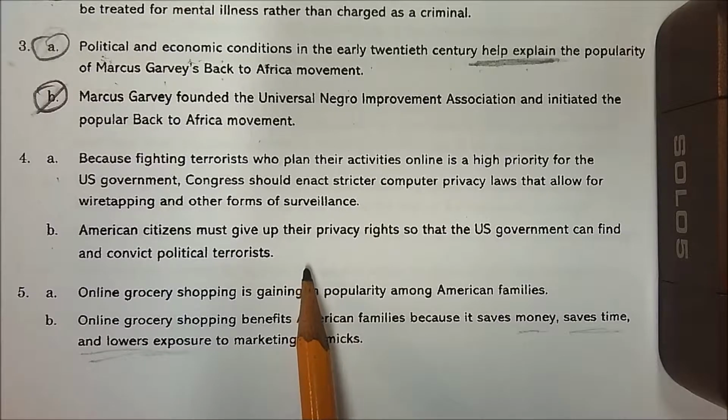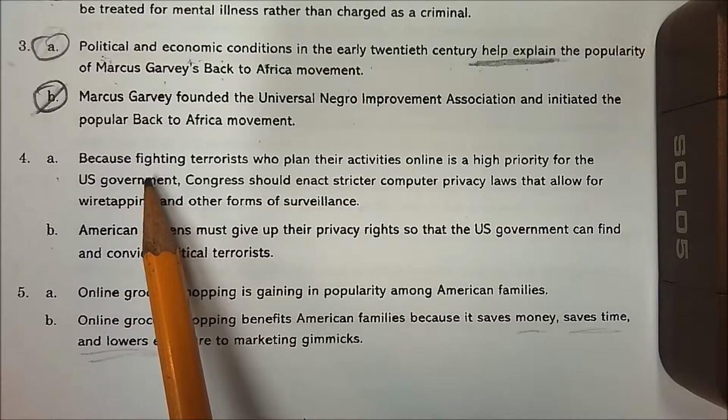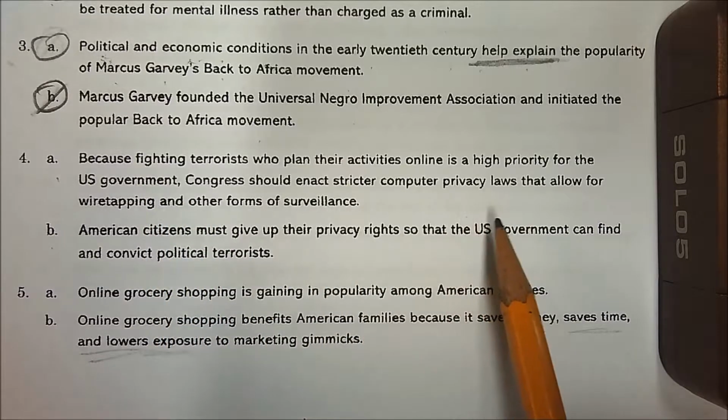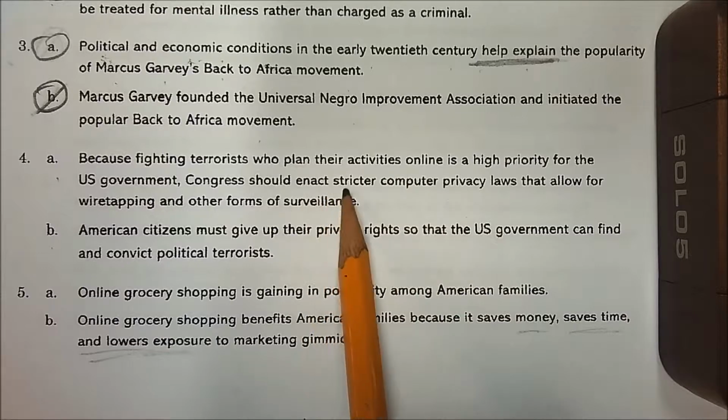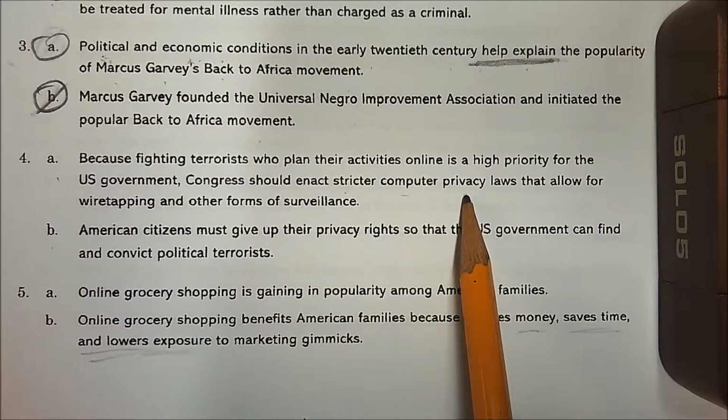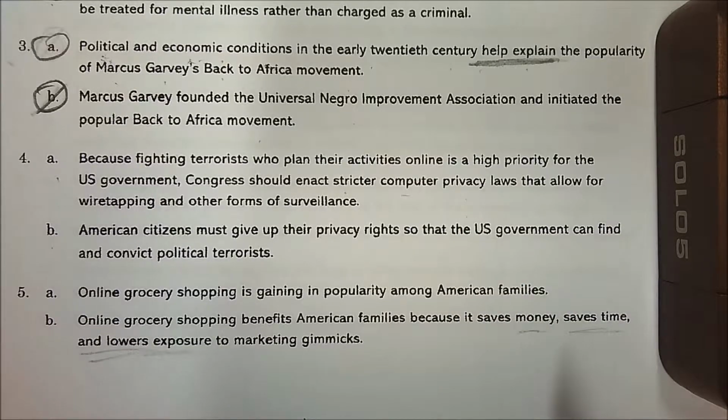It's not specific. 4A is nice because it limits itself to a narrow topic: stricter computer privacy laws. And it focuses on a way that the government might restrict those rights. So it is specific enough, not too specific.